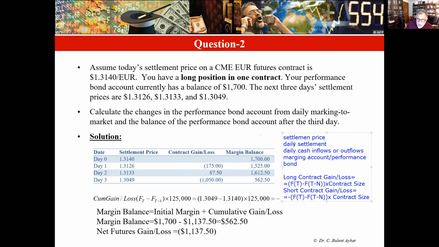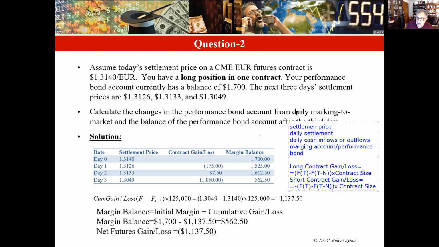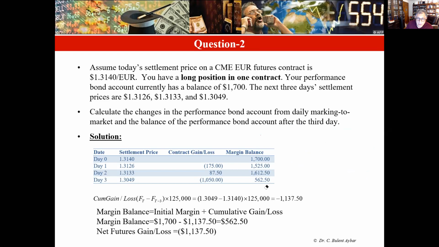So this is what we get out of this question. Quite neat and easy to understand some of the basic concepts of futures contracts. So let's get rid of this and move on to question 3.